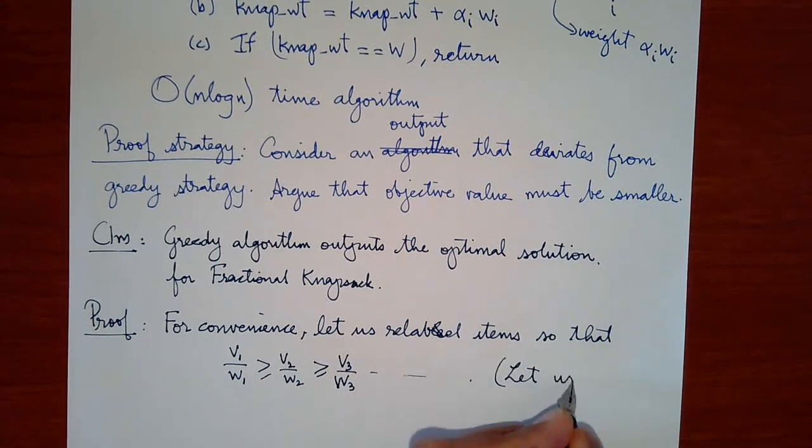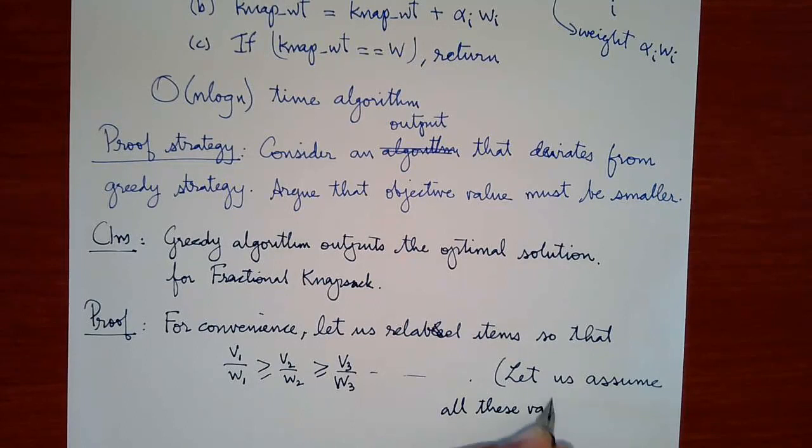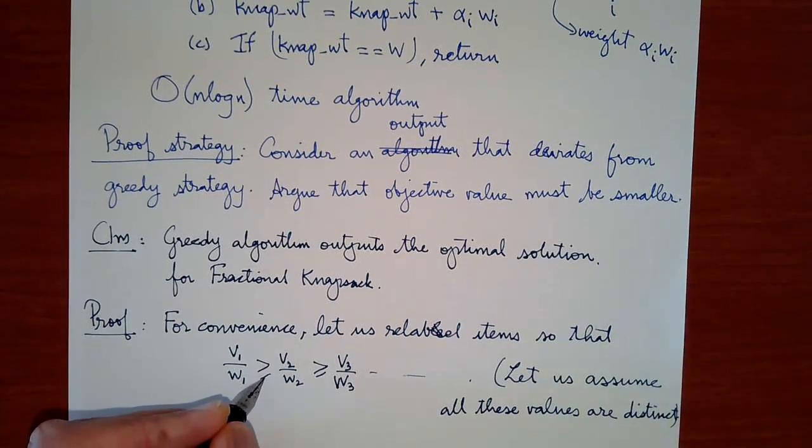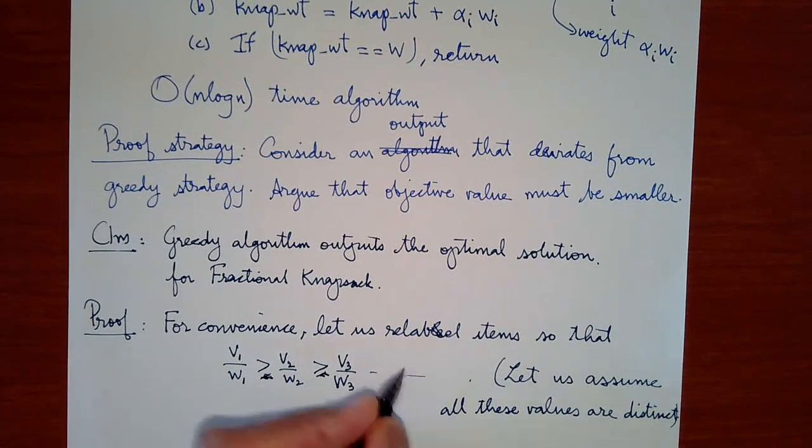Let us assume all these values are distinct. This is just going to simplify the proof. You could assume that they have the same values, but then those items become equivalent. So we can assume these are all strictly decreasing.